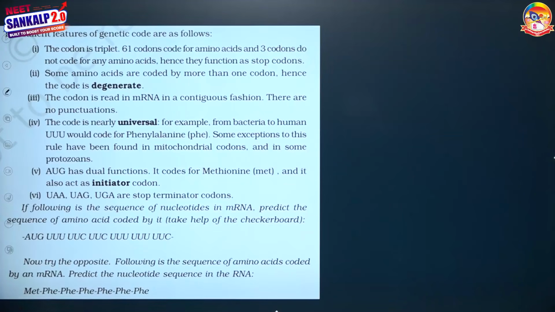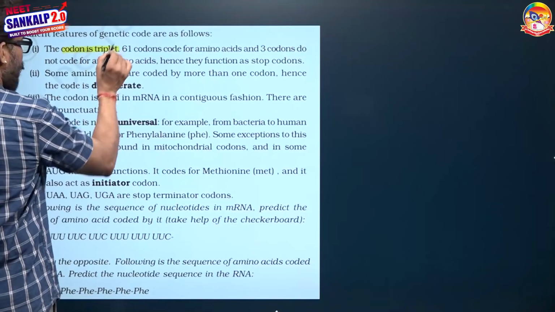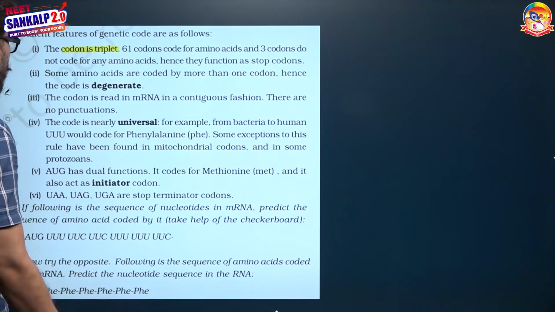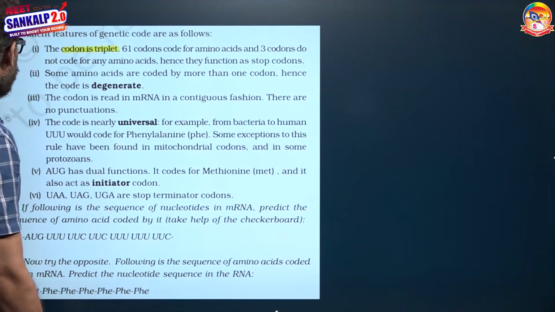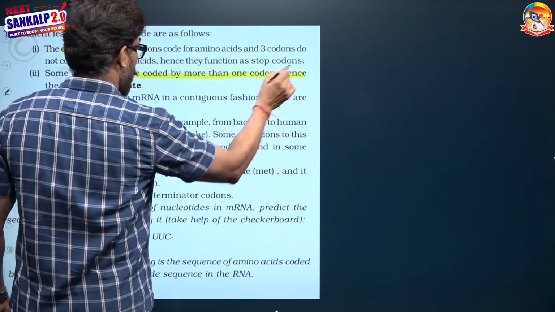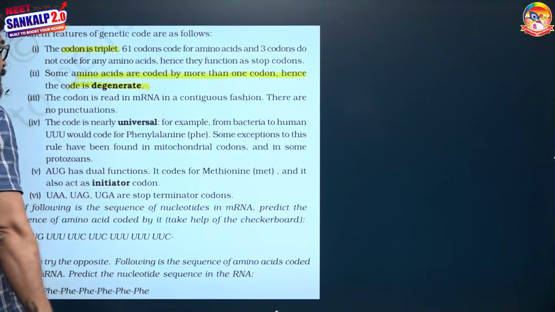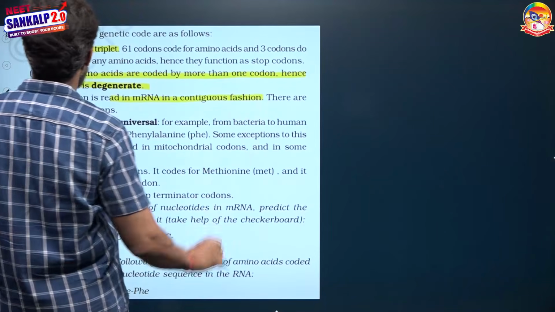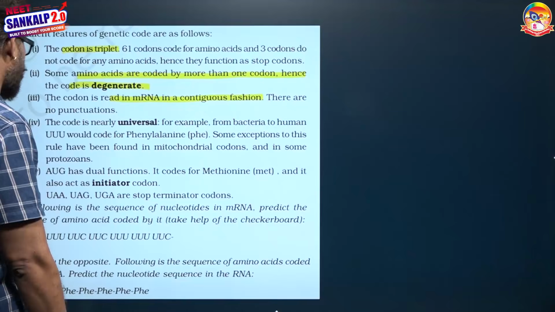Now some features are given. Genetic codes are triplet. 61 codons code for amino acids and 3 do not, so they are known as stop codons or nonsense codons. Some amino acids are coded by more than 1 codon, and this nature is called degeneracy. The codon is read in messenger RNA in a contiguous manner, meaning no punctuations.